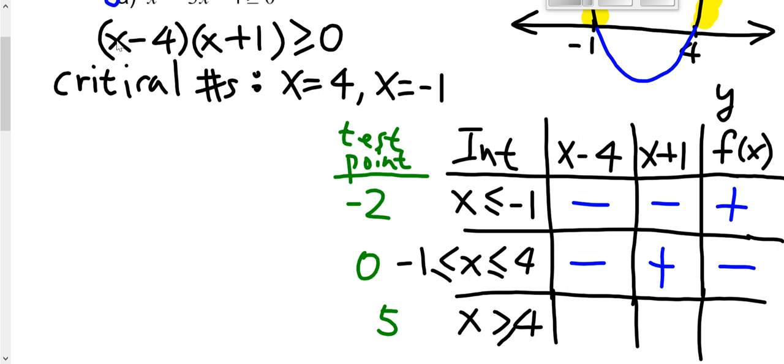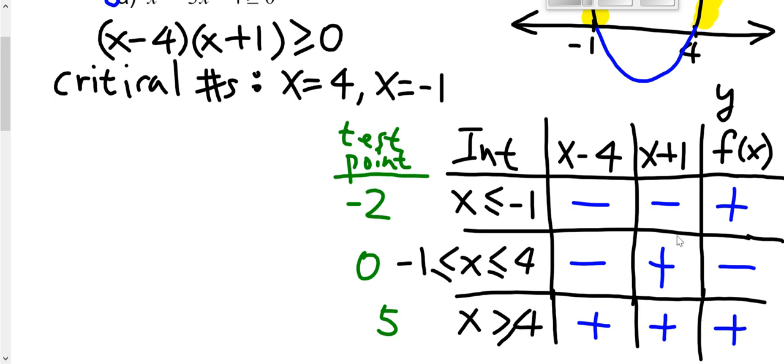So 5 minus 4 gives you 1, which is positive. 5 plus 1 gives you 6. So this is a positive number. Now, if you plug in 5 for x in both factors, you would get a positive number, positive number. Positive times positive gives you, of course, positive.